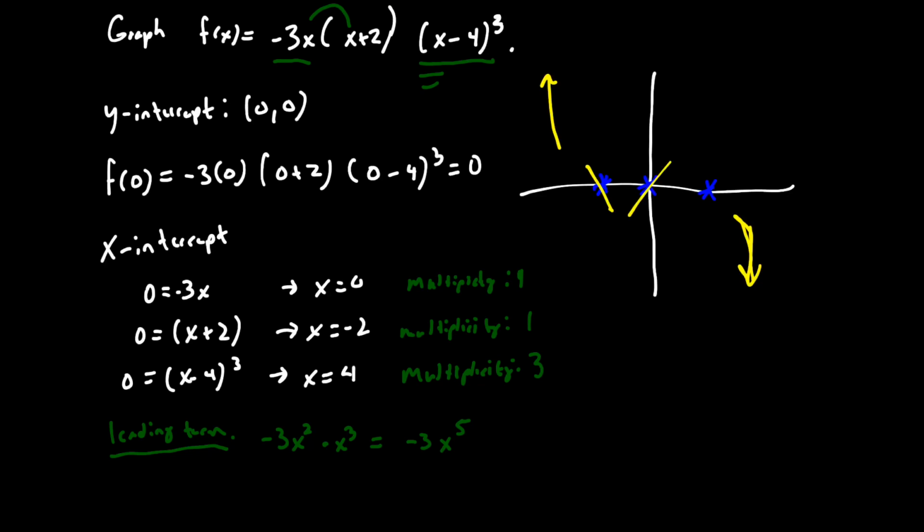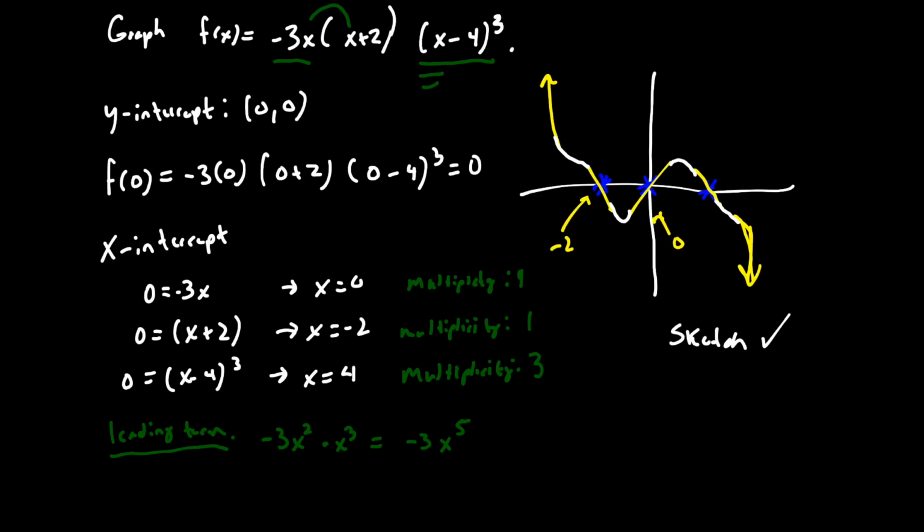Sorry, this was a -2 here, not a -1. And this is a 0 here. And then finally, it's going to cross again at 4. So we can fill in the details of our graph as such. So our graph will look something like this here. And this is the sketch of our graph.